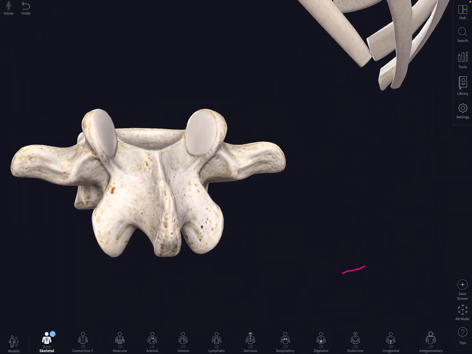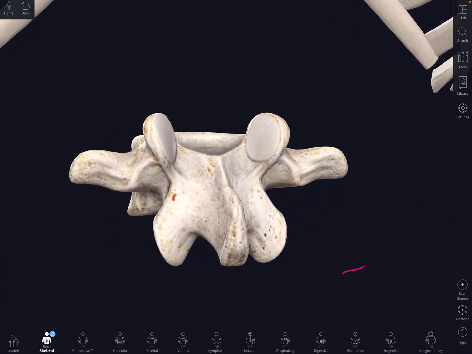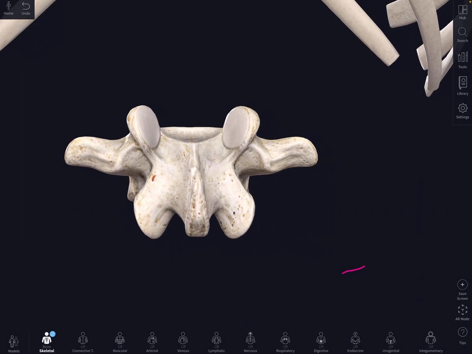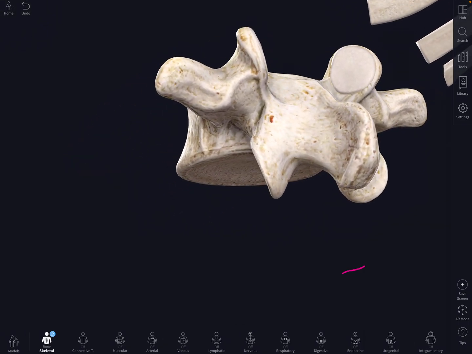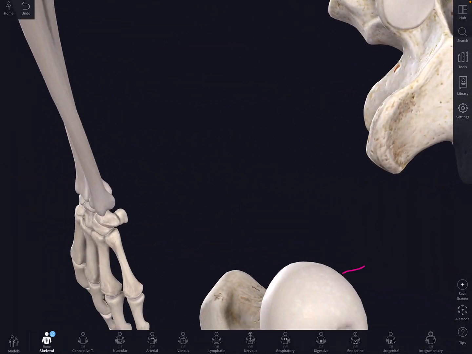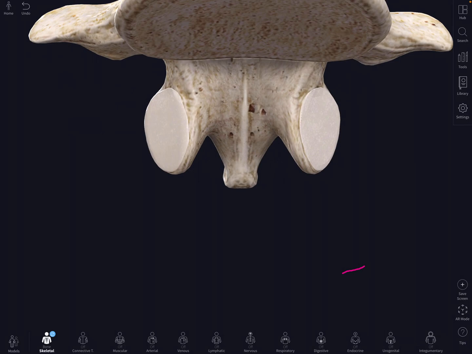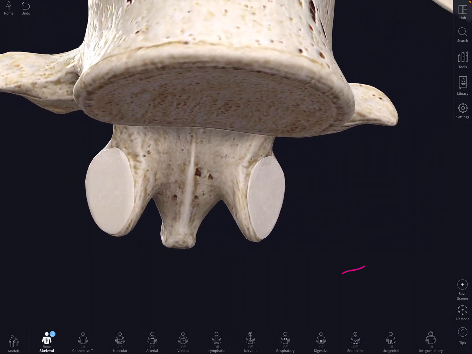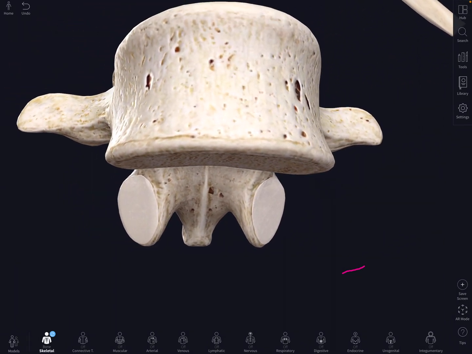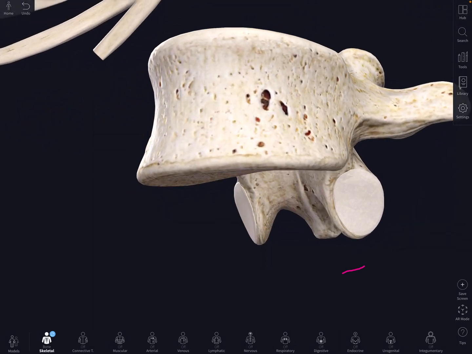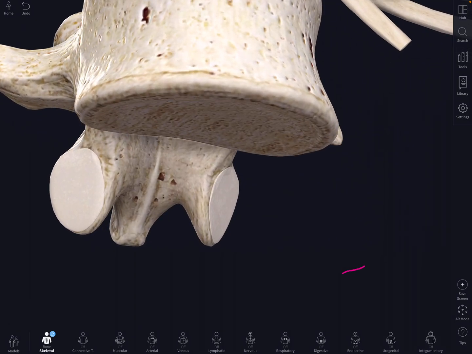We can see the superior articular process carrying a superior articular facet which faces backwards and medially. We've got a short hatchet-shaped spinous process, and the inferior articular processes carry the inferior articular facets which are pointed forwards and laterally. And that is our typical lumbar vertebra.